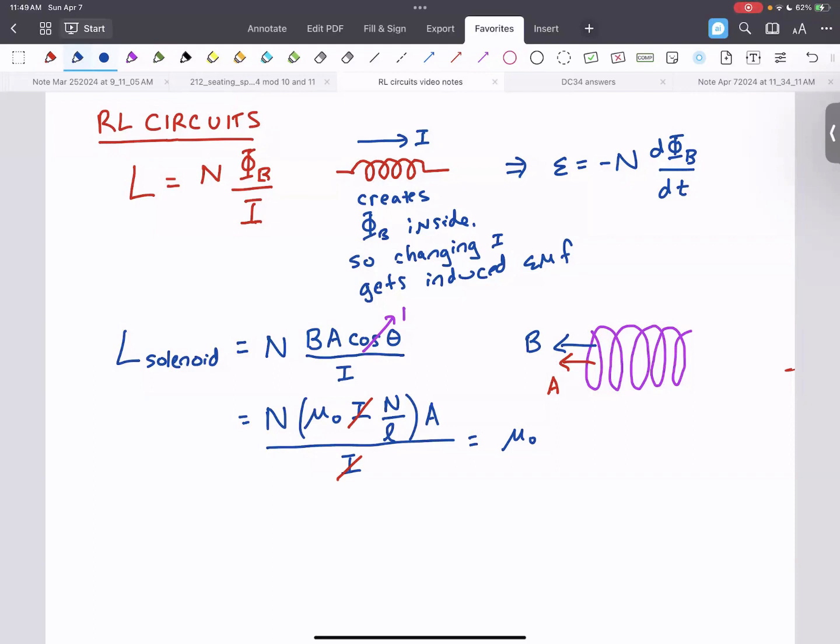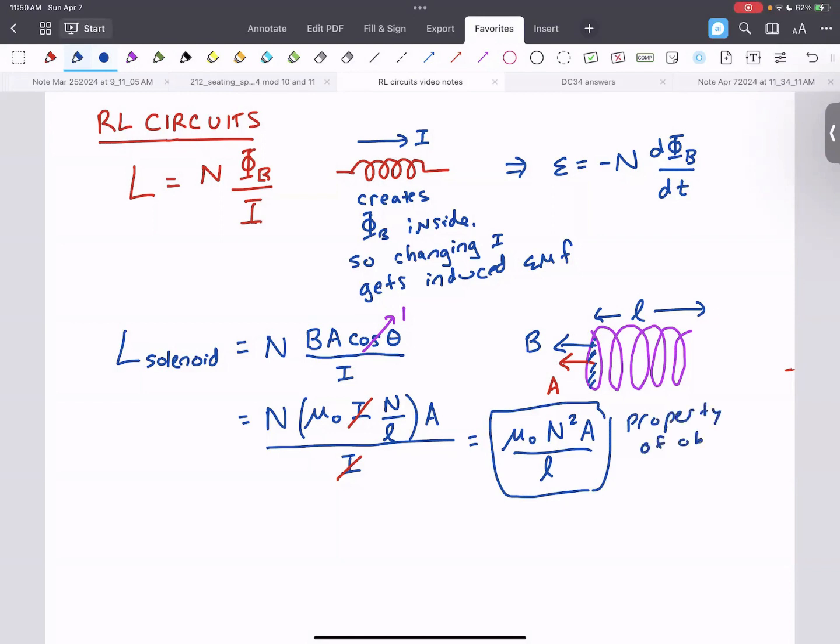So mu naught times N squared, the number of turns squared, times the cross-sectional area of that solenoid, divided by the length of the solenoid. And so this is a property of the object, like capacitance and resistance. It is another type of circuit element that we're going to use.